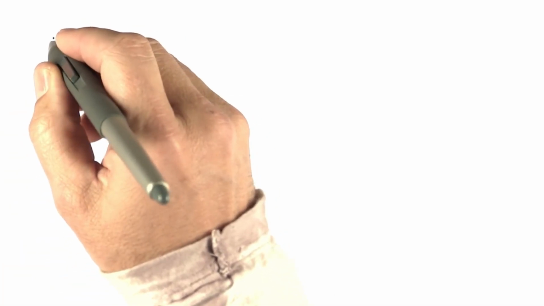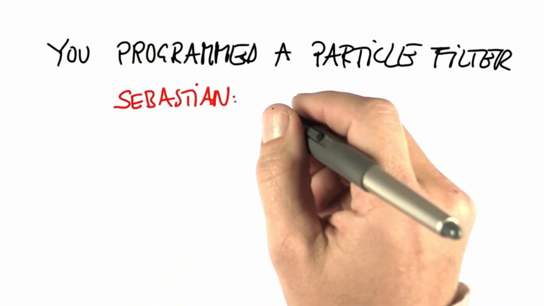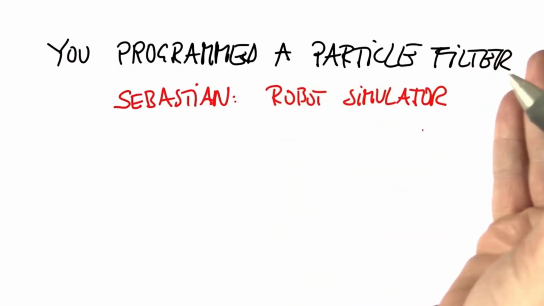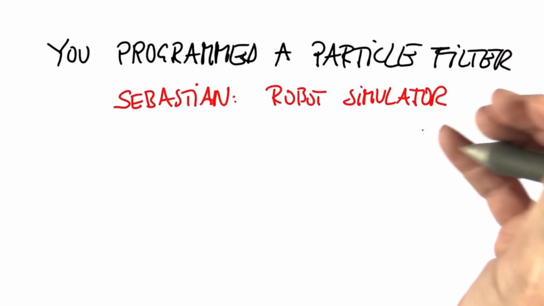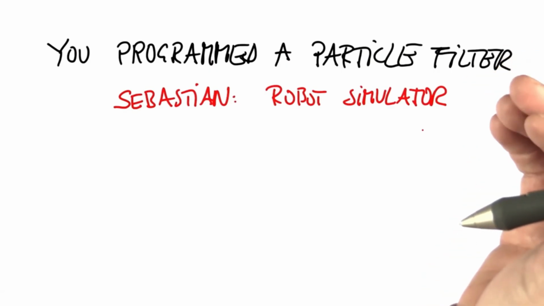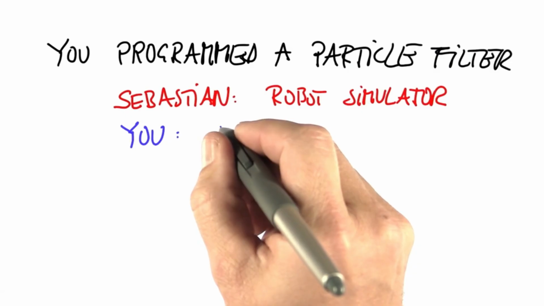So one thing I want to stress here is that you've just programmed a full particle filter. So you got from me a very primitive and rudimentary robot simulator that uses landmarks as a way of doing measurements, and it uses three-dimensional robot coordinates, so it's a little bit better than the stuff we talked about in previous classes. It's not quite a Google car yet. And you solved the estimation problem.